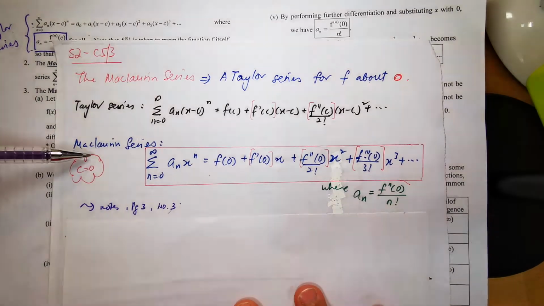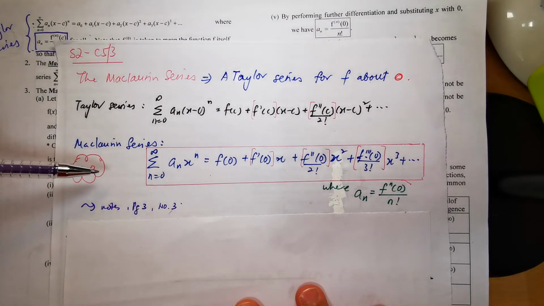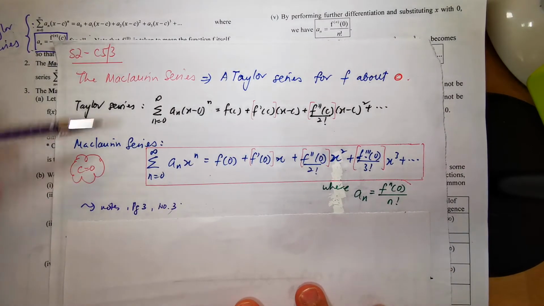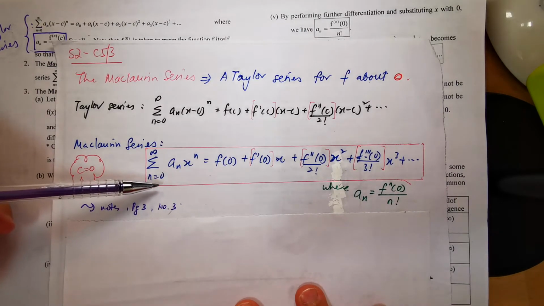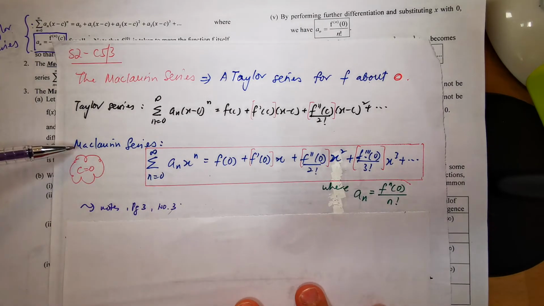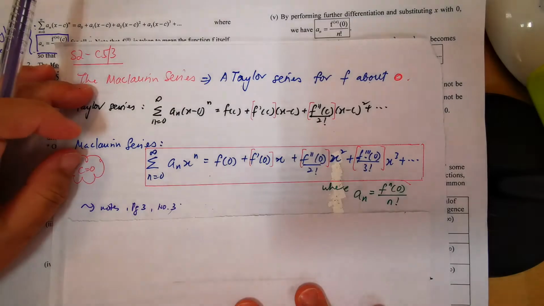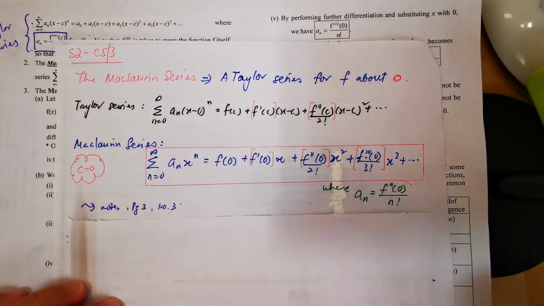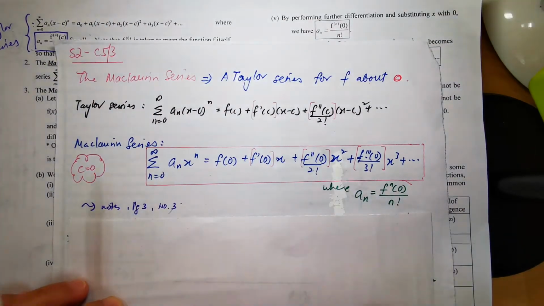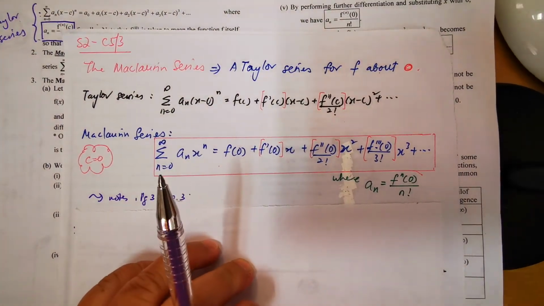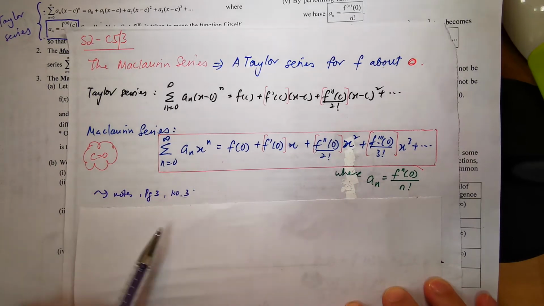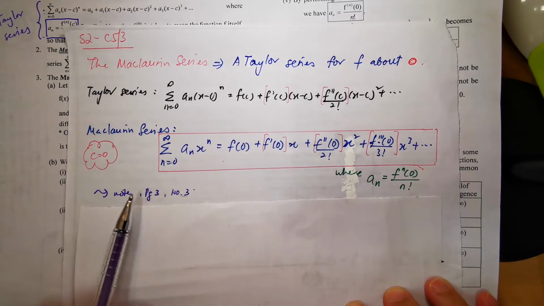So Maclaurin makes it simpler. Make c equals 0, then it becomes a standard series where you can use its name, Maclaurin series. So now you know what is Maclaurin series. We will continue with further information about Maclaurin series.